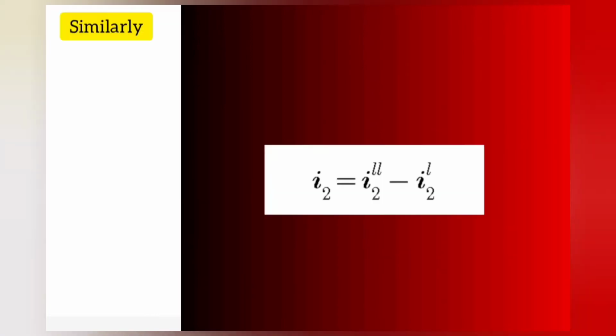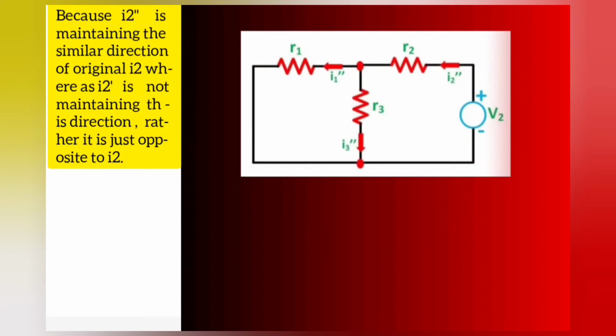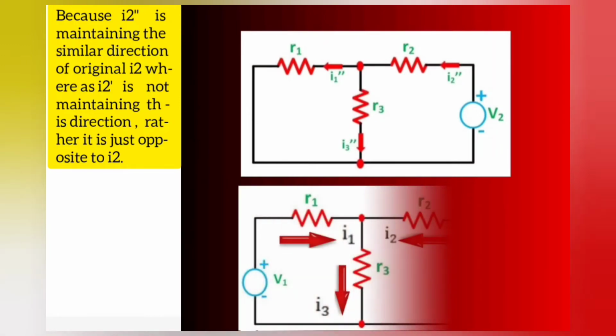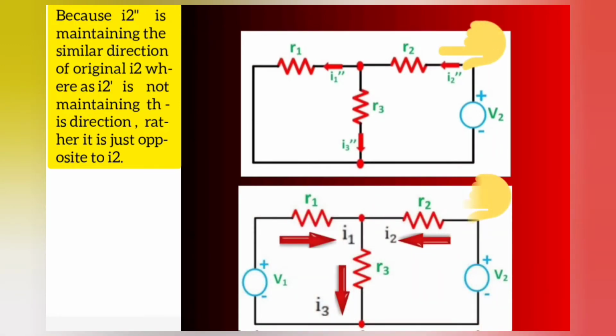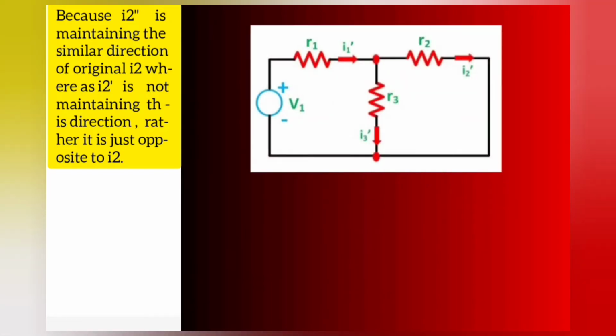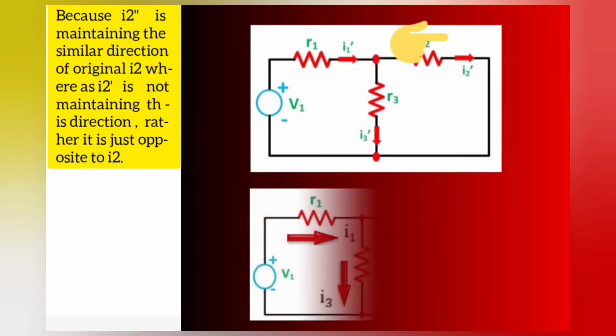Similarly, I2 equals I2'' minus I2', because I2'' maintains the same direction as the original I2, whereas I2' does not maintain this direction and is opposite to I2.